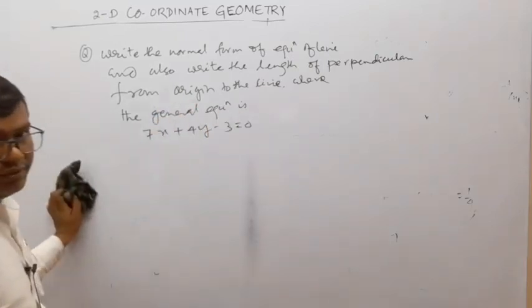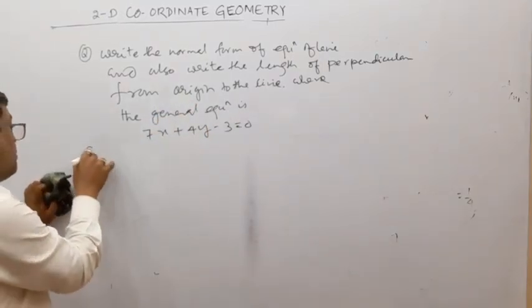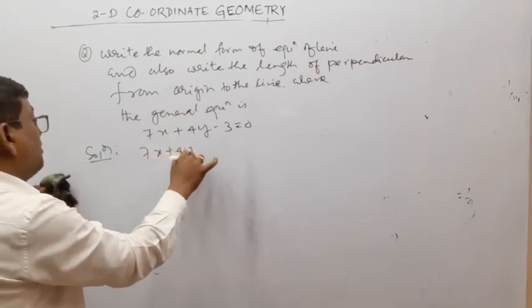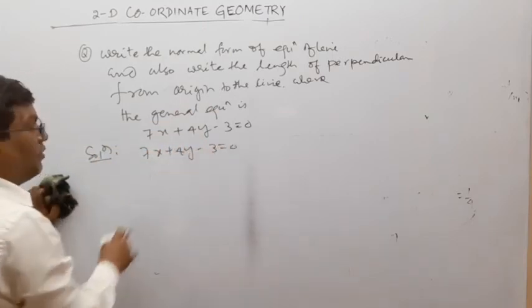This is the question. So the solution is 7x plus 4y minus 3 equal to 0.